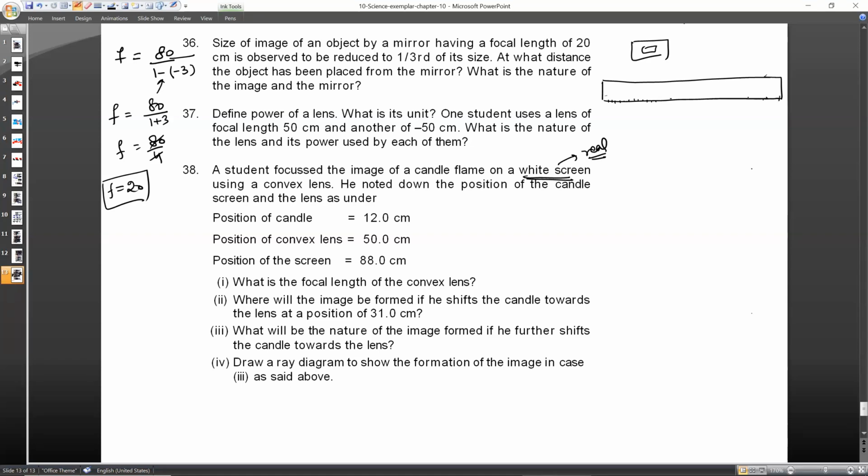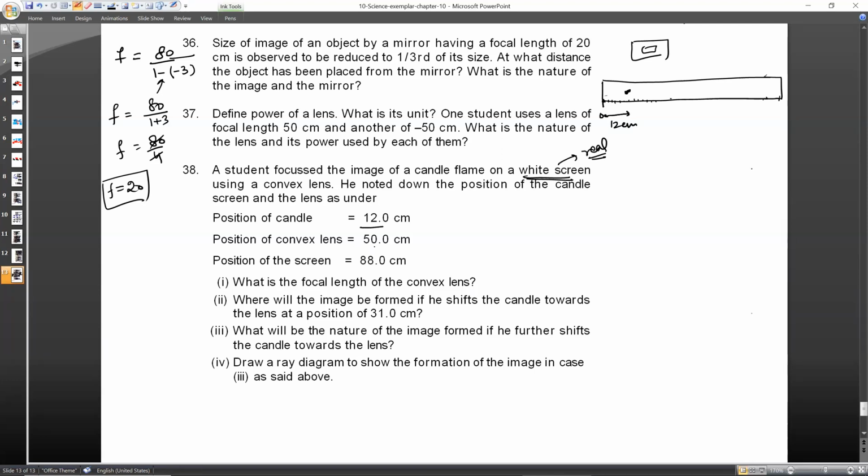We have the readings. If I say that the candle is placed at 12 centimeter from here, it means that from here is 0 and the candle is placed 12 centimeter from this point. At this position we have placed the candle, at 12 centimeter.